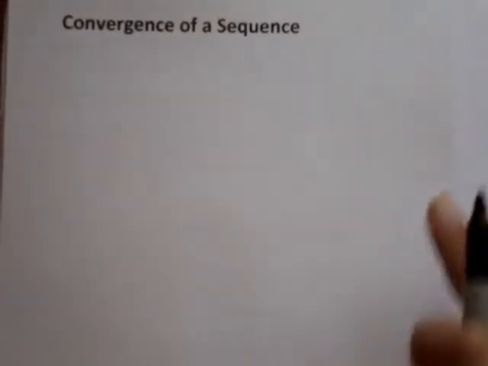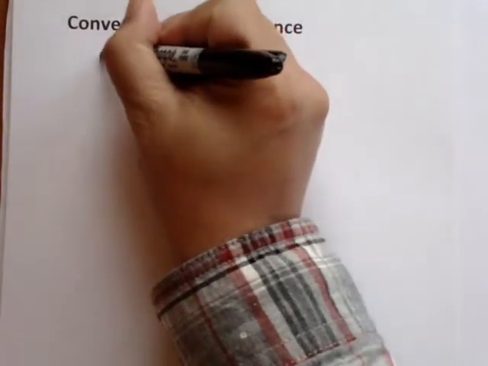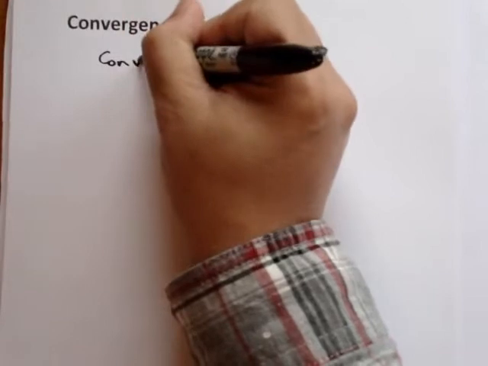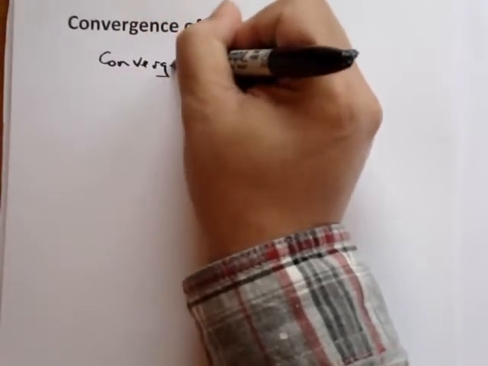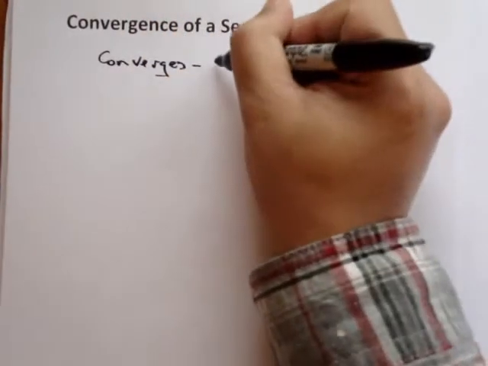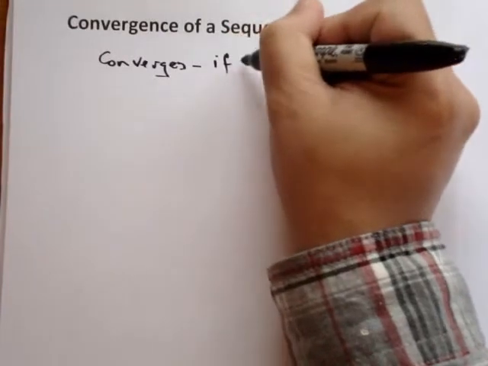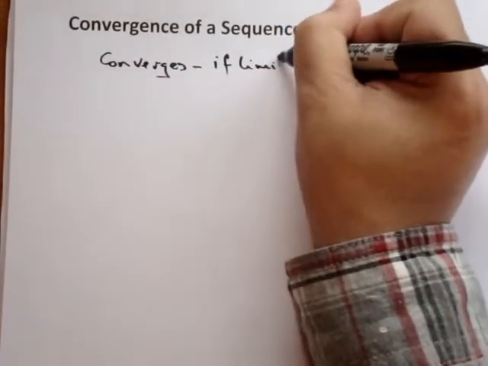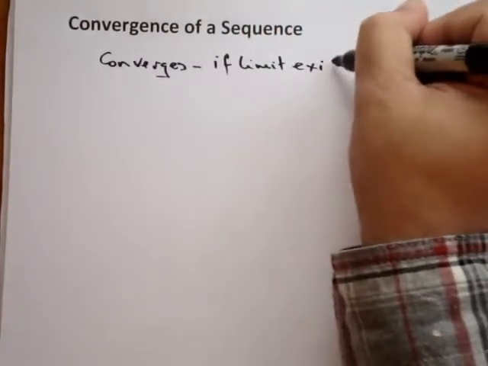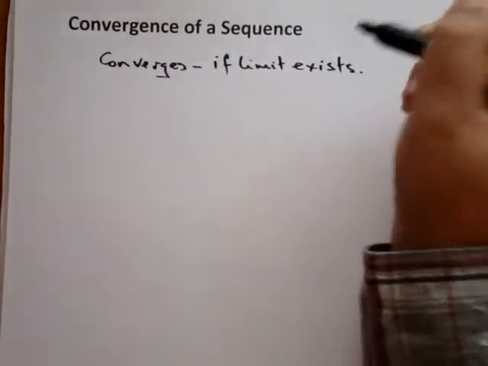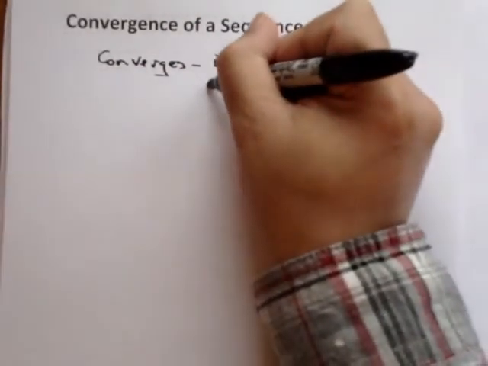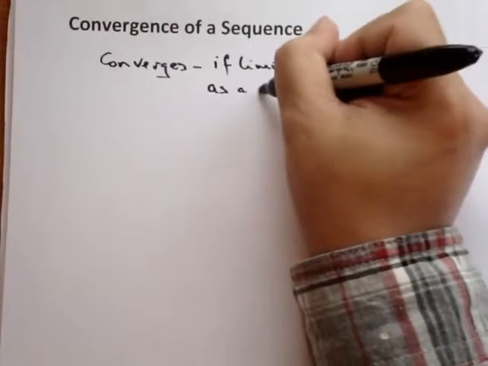Okay, here we're going to look at whether a sequence converges or diverges. We say a sequence converges if a limit exists as a real and finite number.